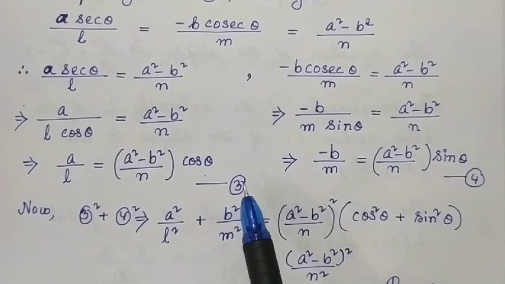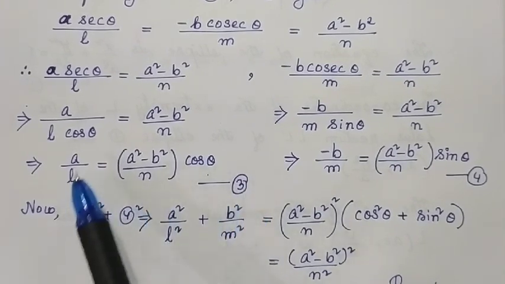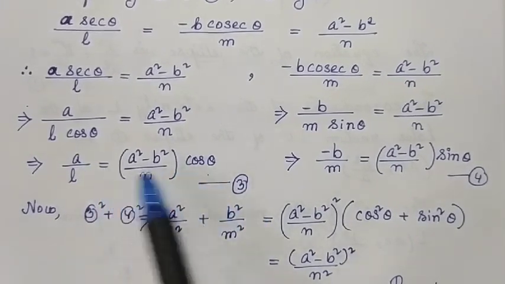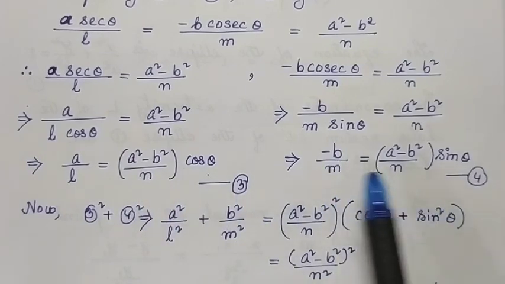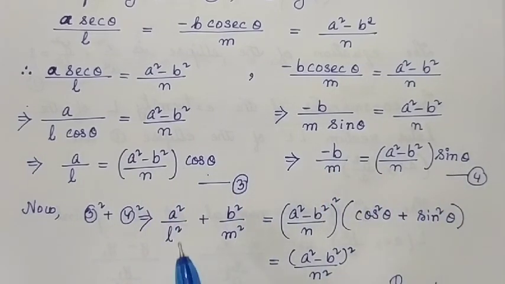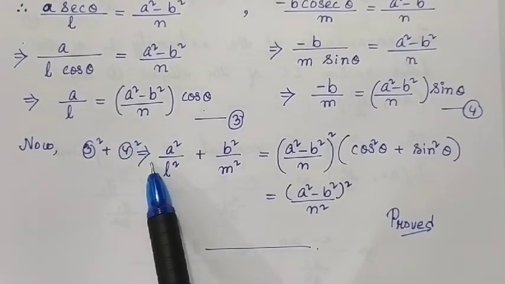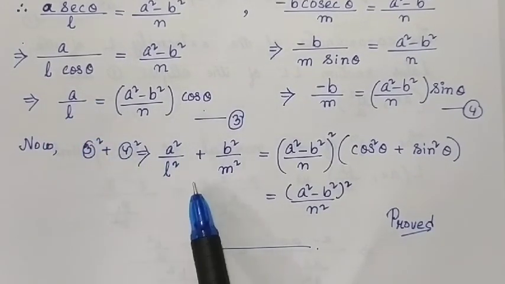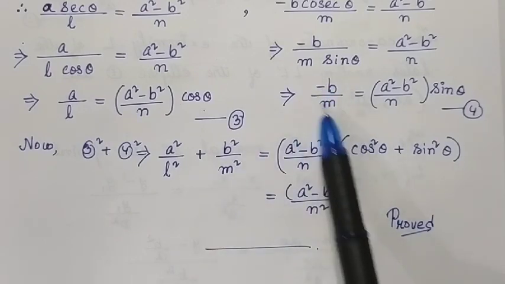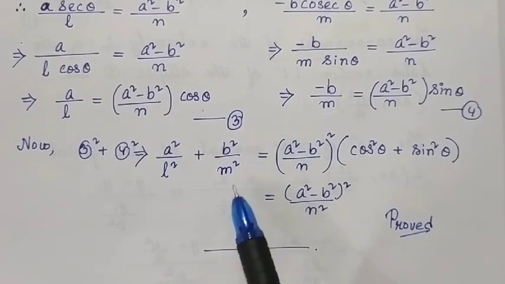So now what we will do is square both sides of 3 and square both sides of 4, and add the results. 3 square plus 4 square: the left side will be a square by L square plus b square by m square.